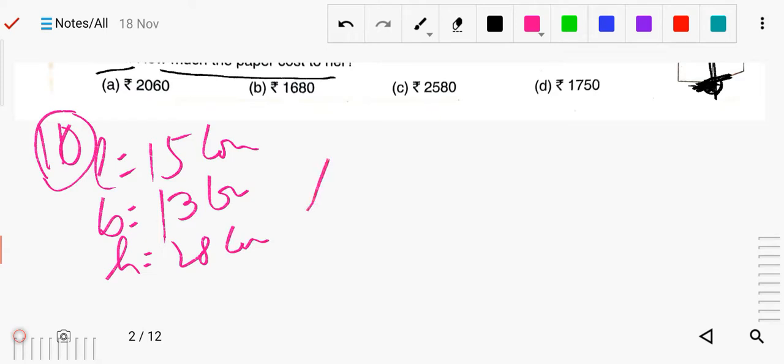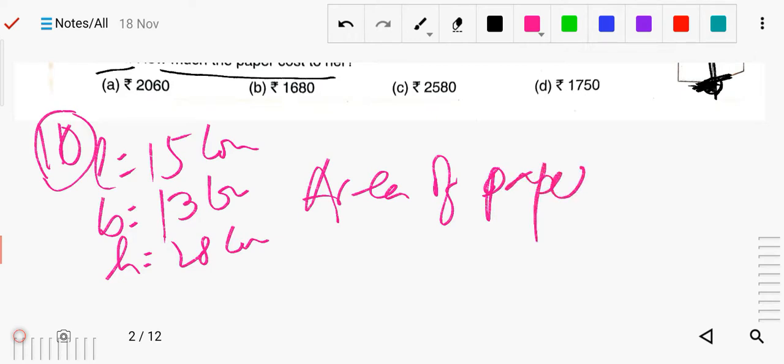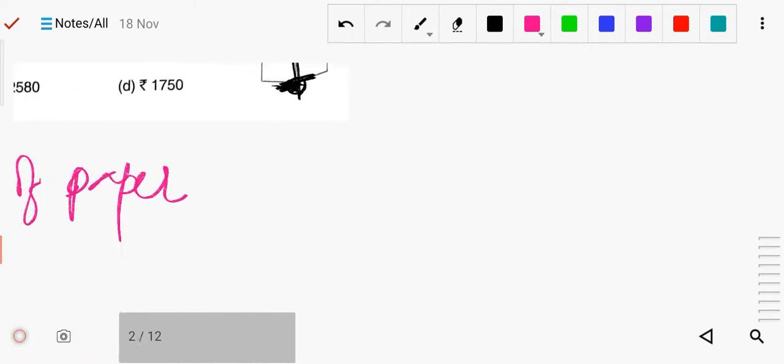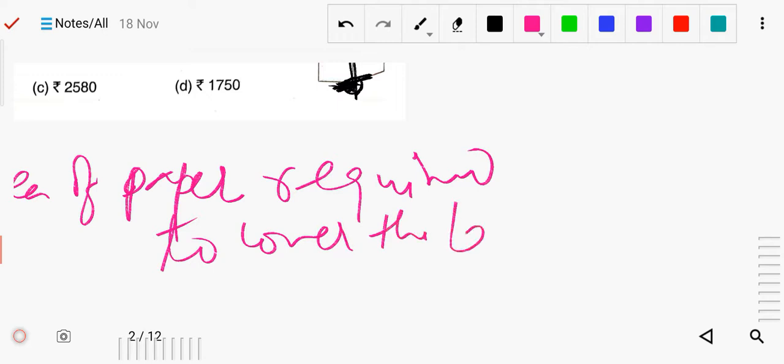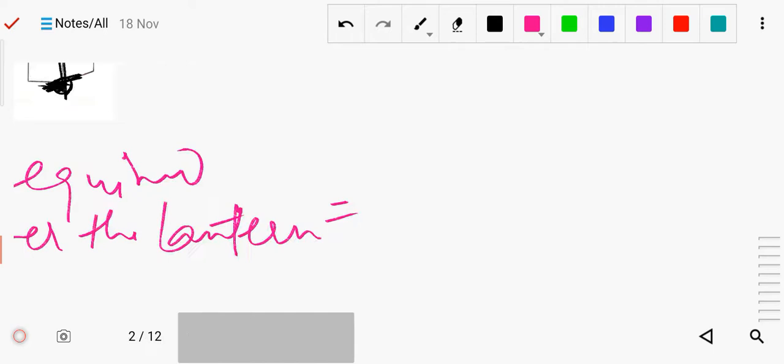So first of all we find the area of paper required to cover the lantern. Okay, which type of shape is it?